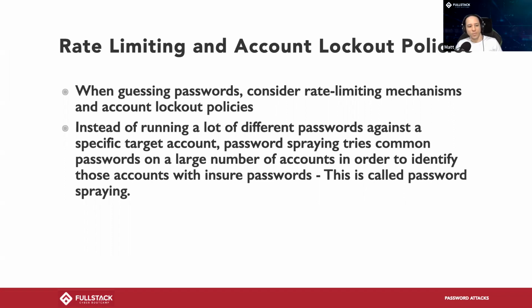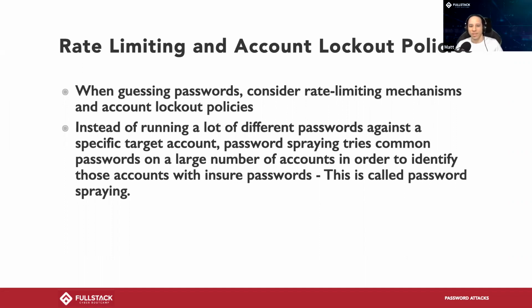And one way that the red team, the bad guys, can defeat this mechanism is using a technique called password spraying, where instead of trying to brute force one account with a whole list of passwords, they're going to try a large number of accounts and try and find which ones have insecure passwords.